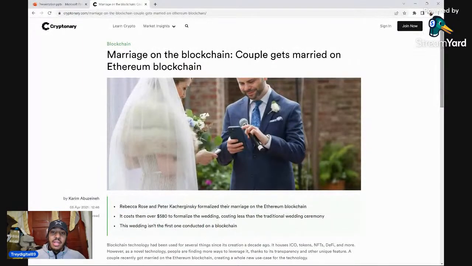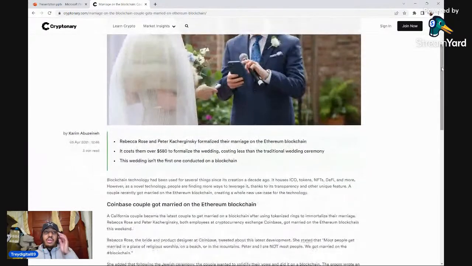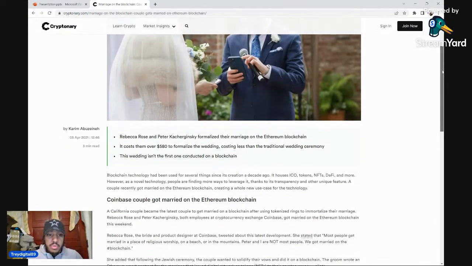So marriage on the blockchain: a couple gets married on the Ethereum blockchain, because the Ethereum blockchain has something called a smart contract. It's a digital agreement. So that agreement is on that particular ledger that you're married, or if you have a house you want to do, you put it on a smart contract. So the agreement for the house is on that particular smart contract.